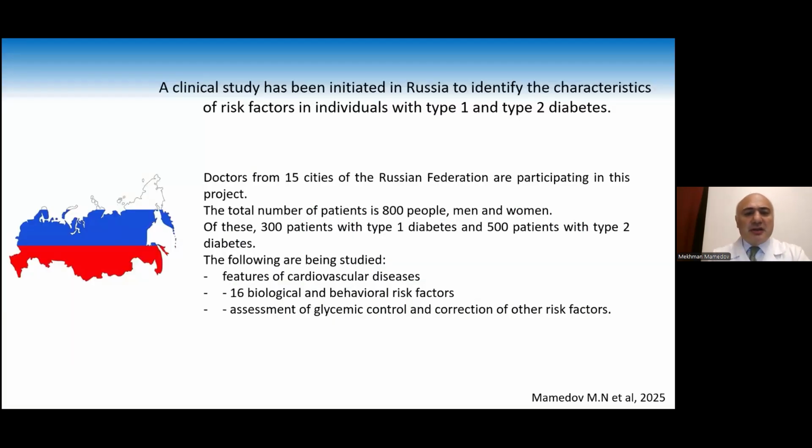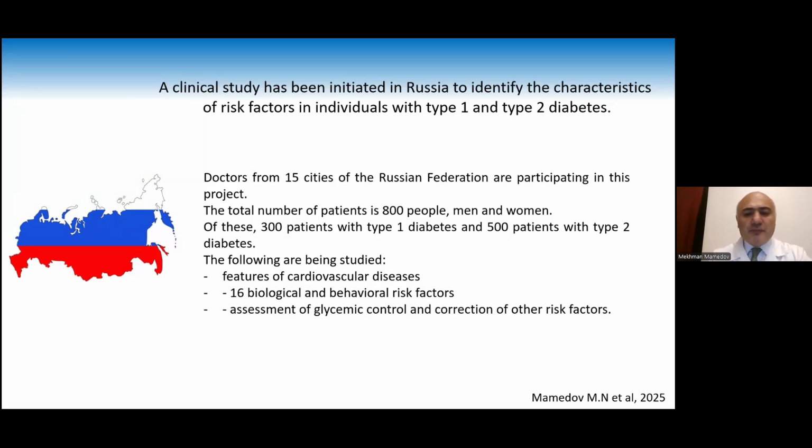In Russia, a clinical study has been initiated by our team to identify characteristics of risk factors in individuals with type 1 and type 2 diabetes. Doctors from 15 cities of the Russian Federation are participants in this project.